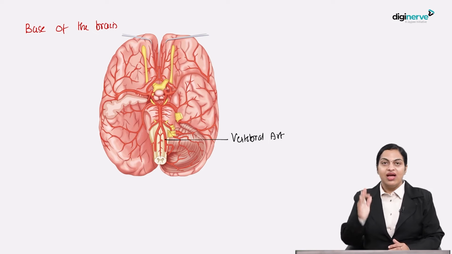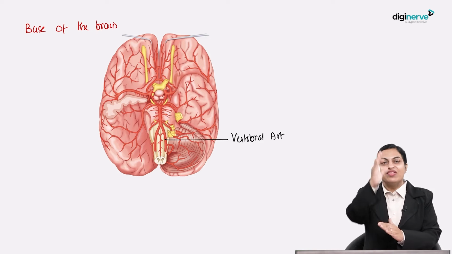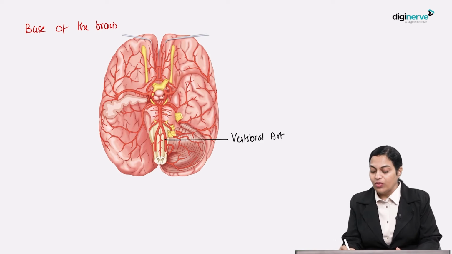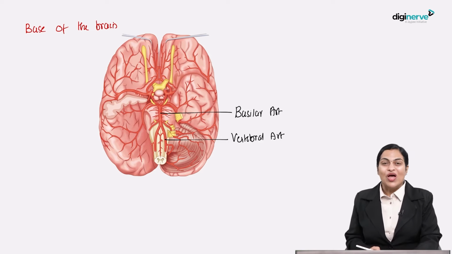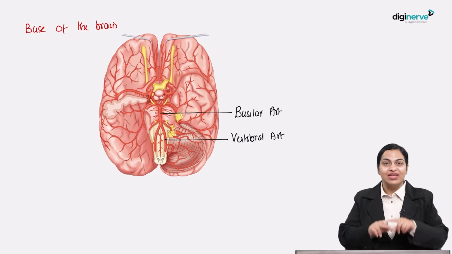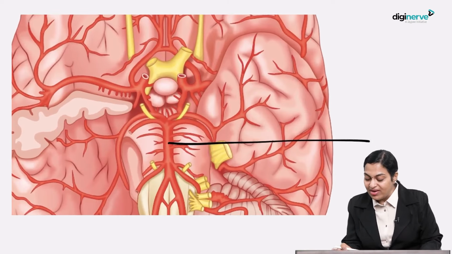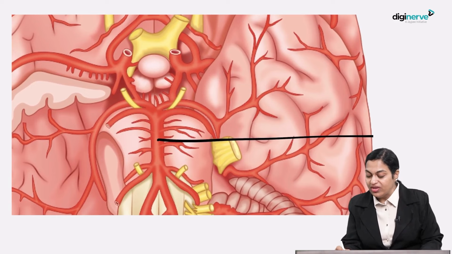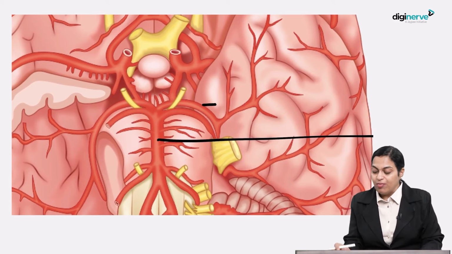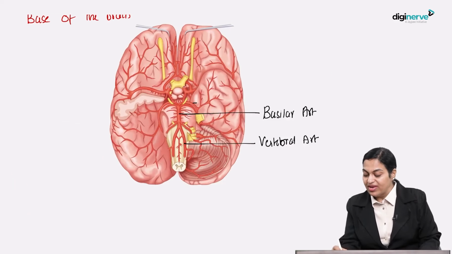The right and the left vertebral arteries unite to form the basilar artery that lies over the ventral surface of the pons. And what does this basilar artery terminate into? The posterior cerebral arteries. Can you see it over here? This one here is the posterior cerebral artery.